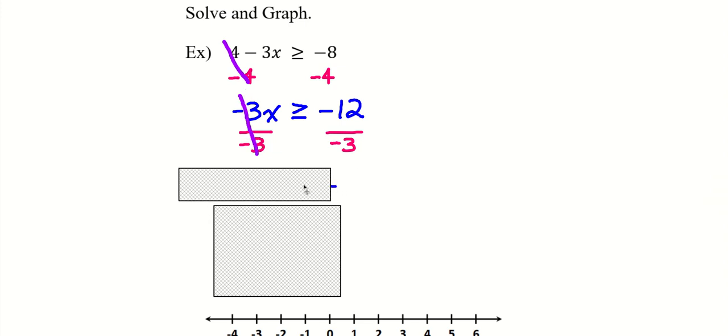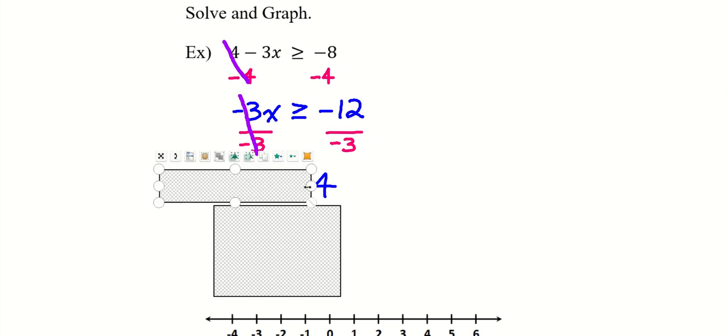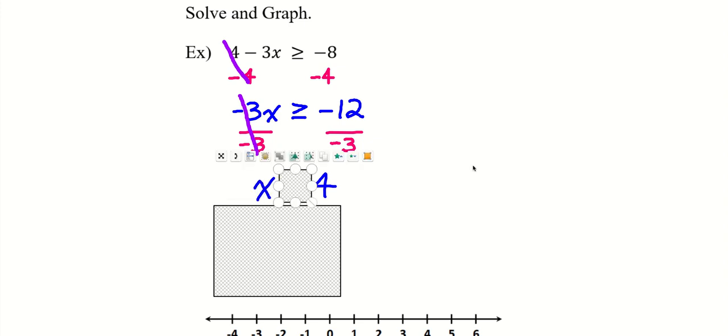So this side becomes -4. Sorry, +4. Too many mistakes here in my explanations. But -12 divided by -3 is +4. And when I divide the left side by -3, all that's going to happen is getting the x all alone.